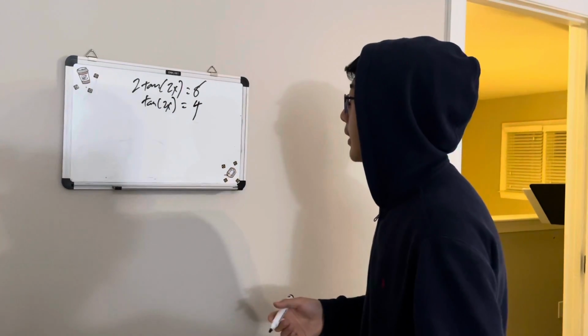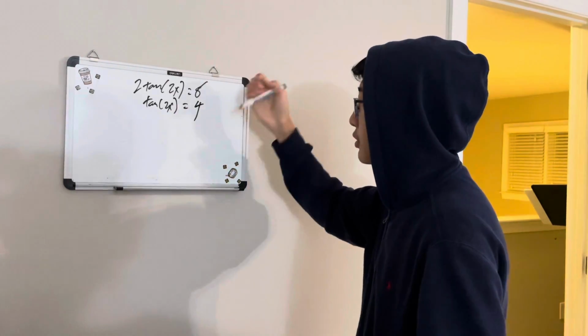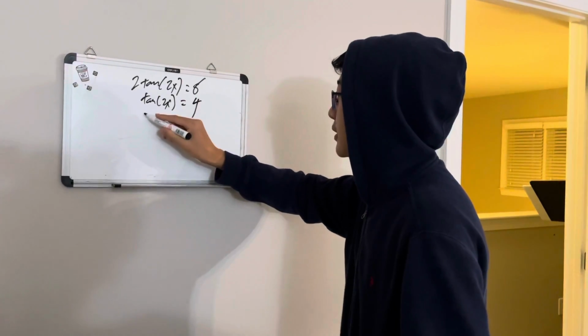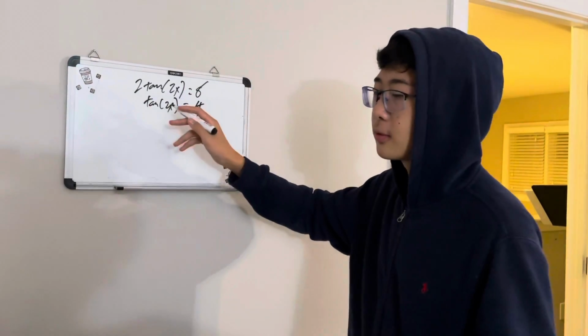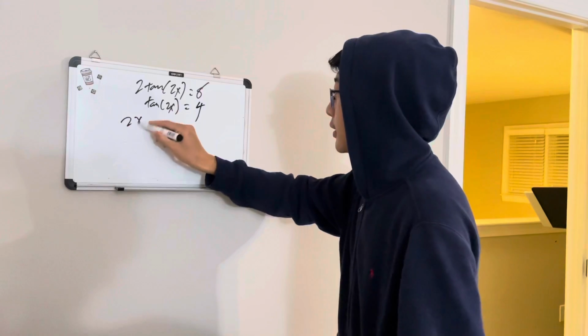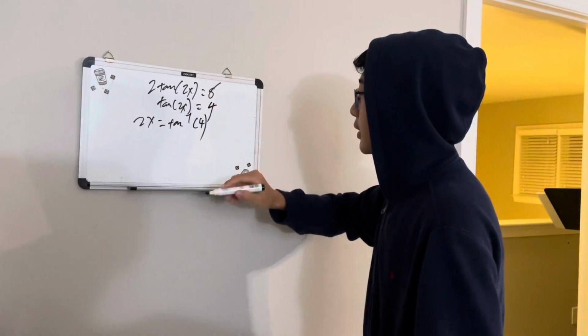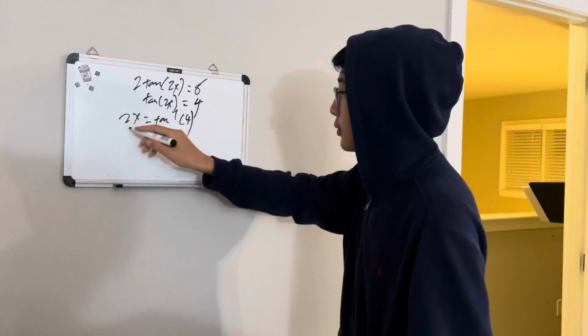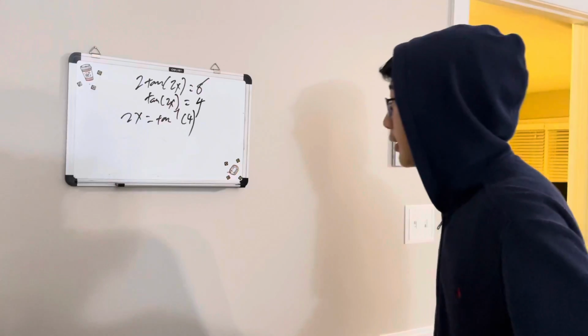That didn't involve any trig yet, so let's do some trig now. Let's do tangent inverse to find the variable 2x. 2x equals tangent inverse 4. And we want x, right? So we should divide by 2.